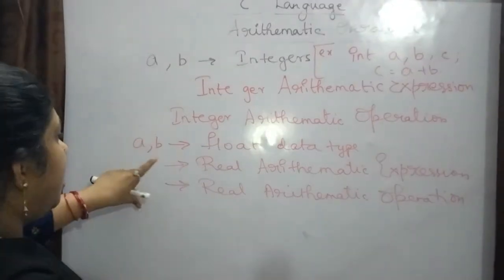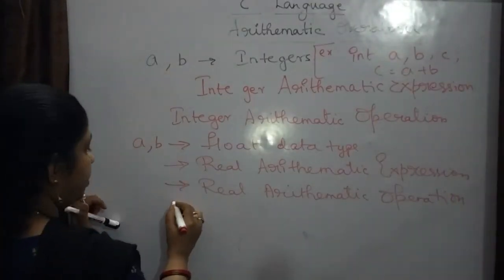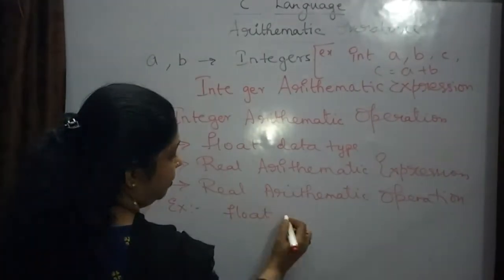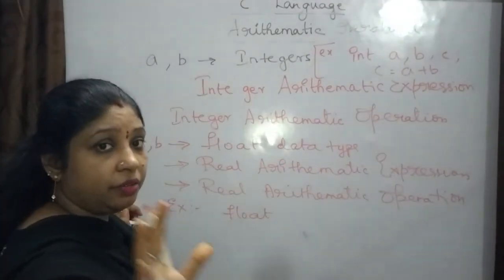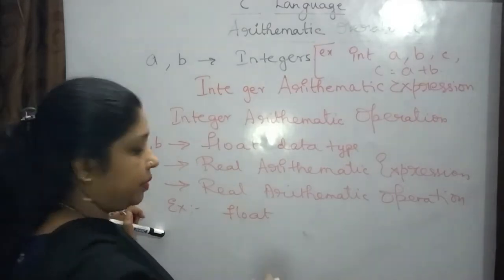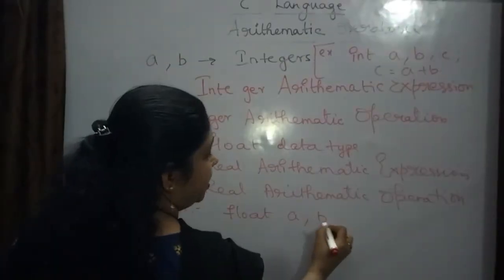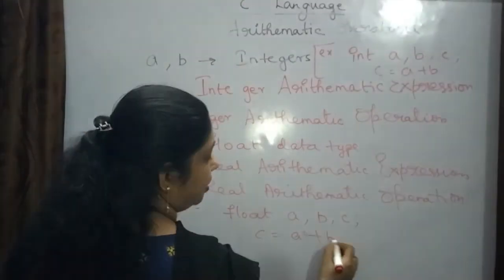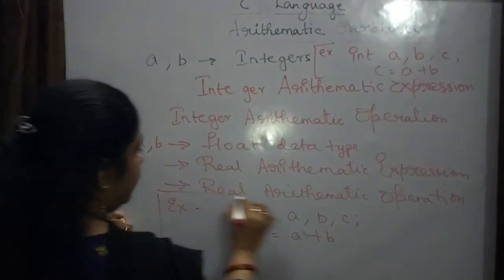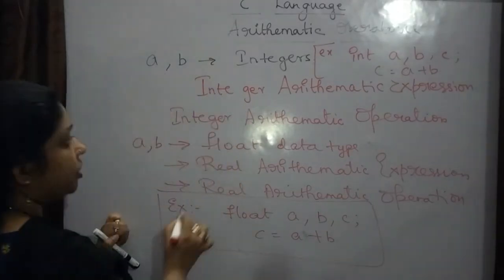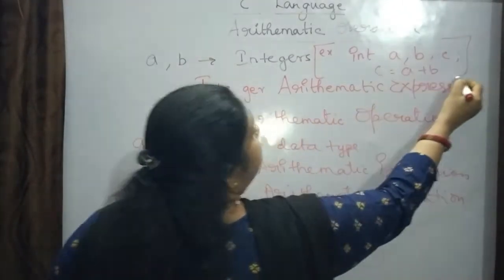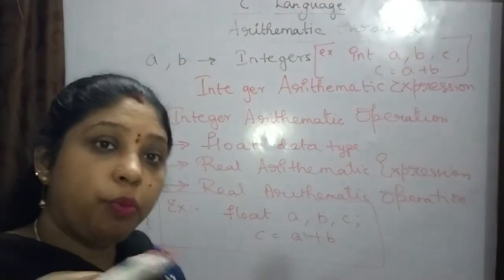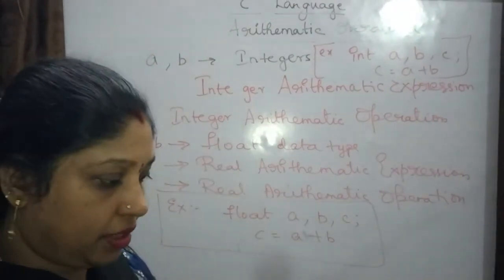Whereas for float data type, during the declaration part I am giving the example: float A, B, C, C equal to A plus B. So these are the declaration examples for integer and float data types. Now I am going to explain about both. If you use both, what happens, we'll see.